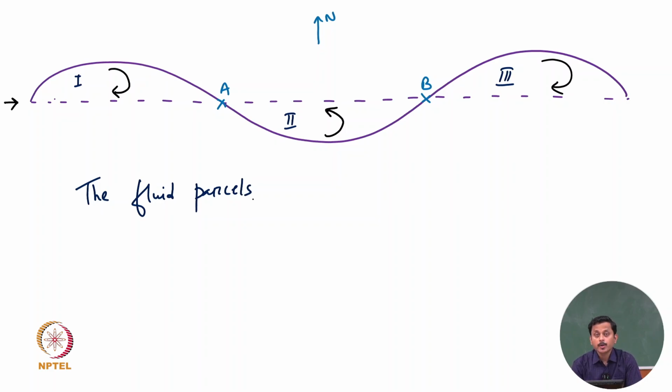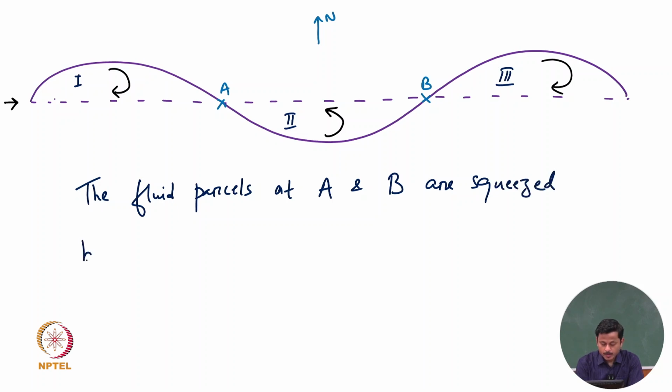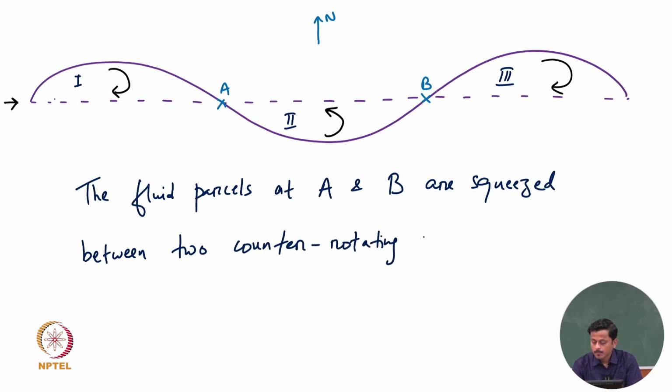So these two points A and B are squeezed between two counter-rotating cells. Hence the fluid parcels at A and B are squeezed between two counter-rotating cells.